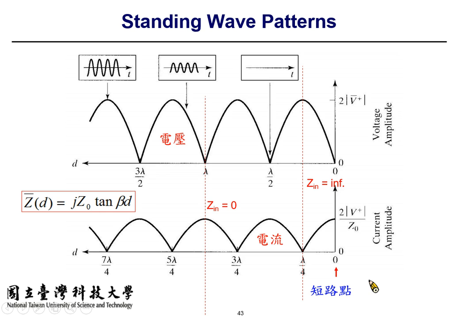Infinite input impedance. And for example, here you are 1 wavelength away from the short termination, but at that position, the voltage becomes 0 and the current is at its maximum again, so the input impedance becomes 0 again.